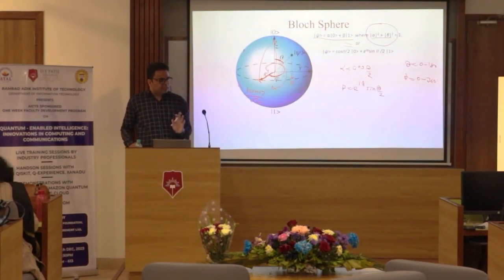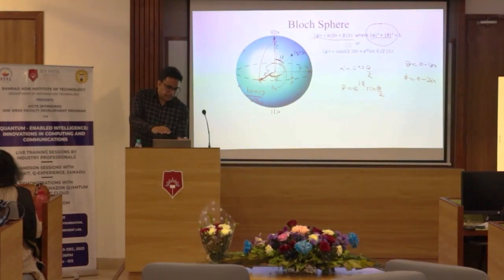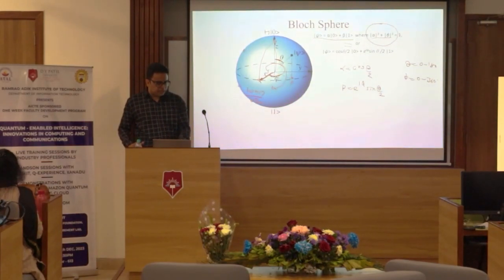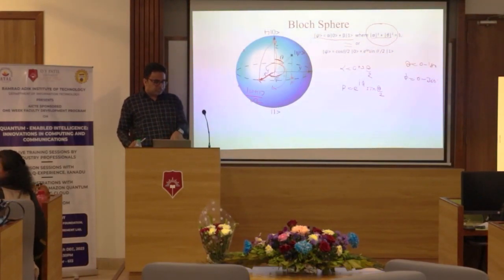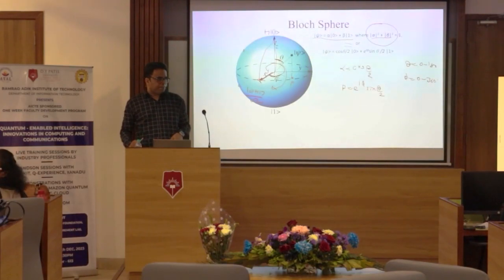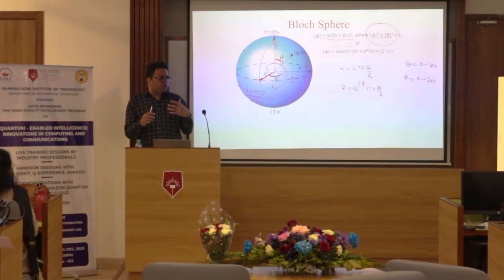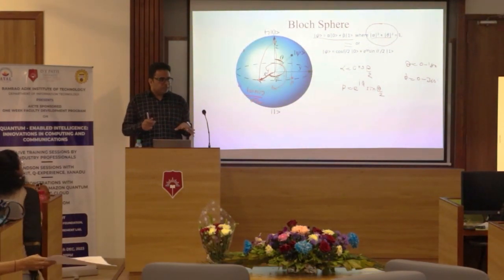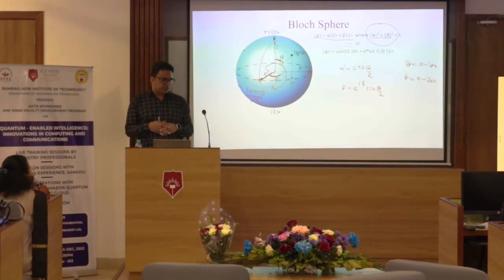This plus x is the superposition state of 0 and 1. And if I say that I want to apply Hadamard on 0, then what I will be getting is this. So it is nothing but changing this theta and phi, or just doing some rotation on this Bloch sphere. So every single-qubit gate is a kind of rotation on this Bloch sphere around the x, y, z axes. Is it okay?